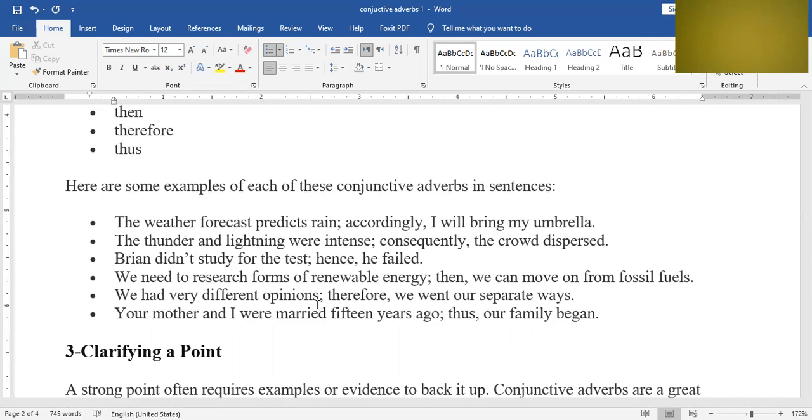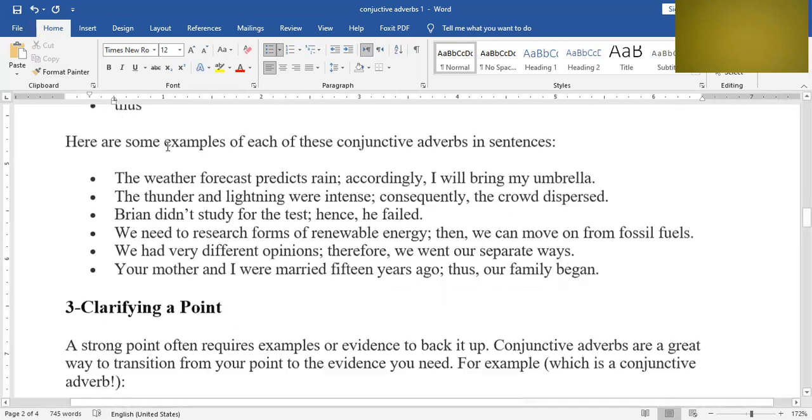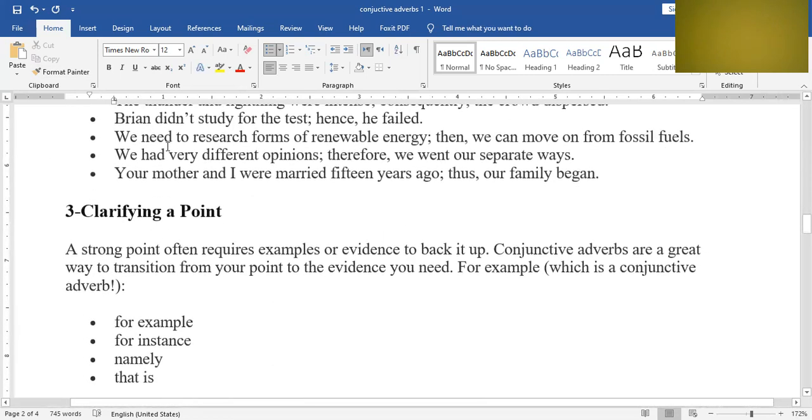So a father says to his son, your mother and I were married 15 years ago. Thus, our family began. Because we married 15 years ago, our family began. Okay? So these conjunctive adverbs indicate cause and effect.